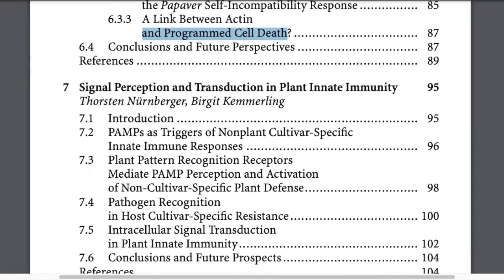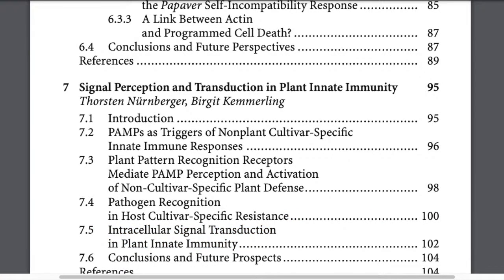Let's continue here. We have signal perception and transduction in plant innate immunity. Innate immunity we were talking about in the preface. Let's see here. Introduction, PAMP. I don't know what PAMP stands for, but whatever it is. Pathogen recognition and host cultivar-specific resistance. Intracellular signal transduction and plant innate immunity.